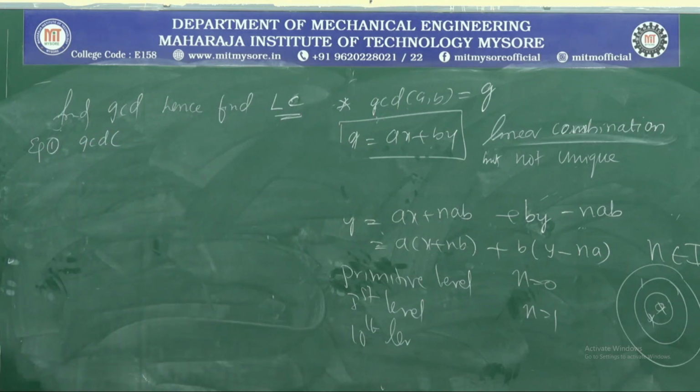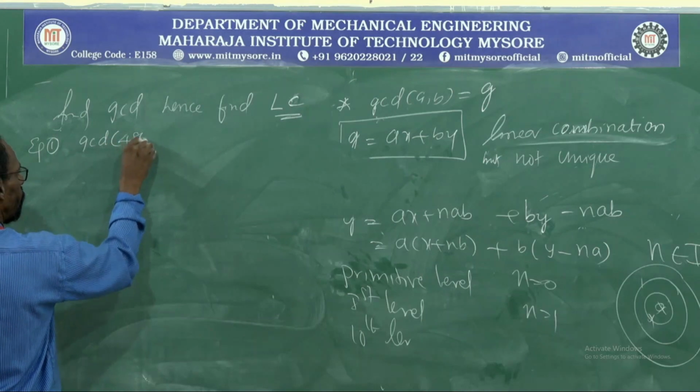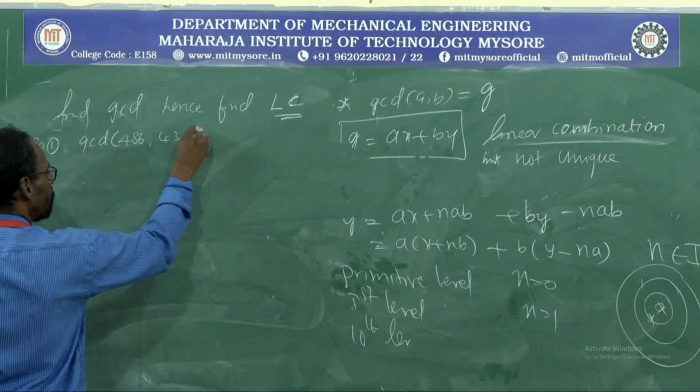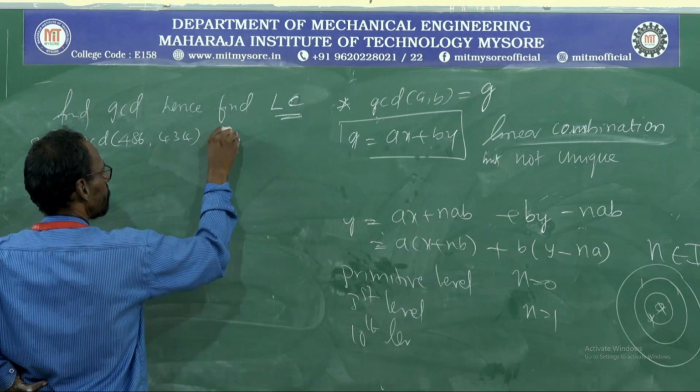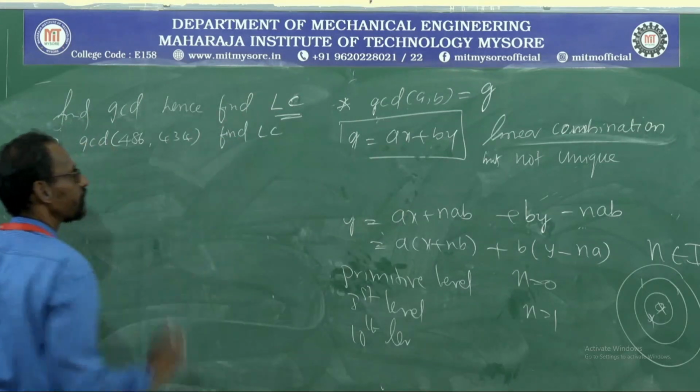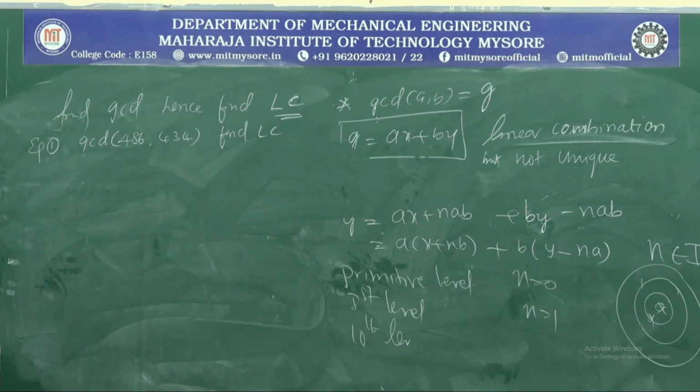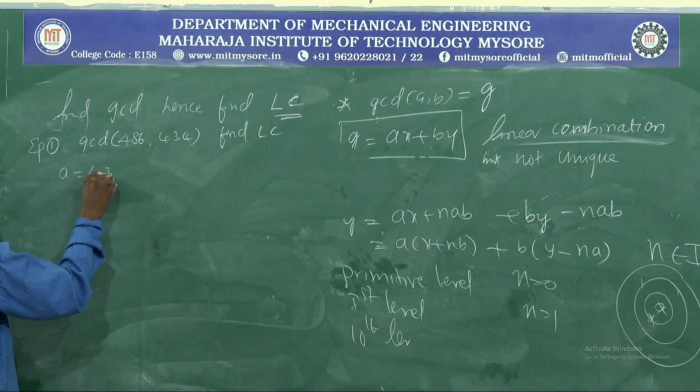GCD of 486 and 434, find linear combination. It's very simple. You consider the smaller number A, that is 434.